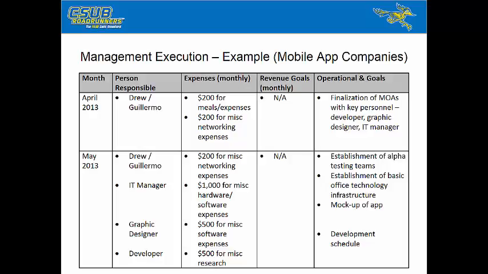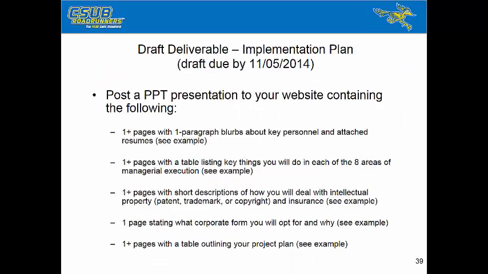So the first thing to do was find those people, and then once they found those people, the goal was to set up teams of various kinds and so on and so forth. So if you have a chart like this, that's the last page of your implementation plan, a chart that looks kind of like that.